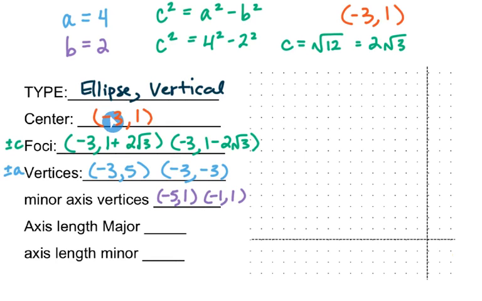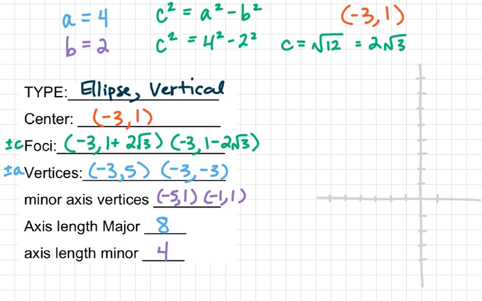So I took that -3 and I added and subtracted 2 to it to get these two new ordered pairs. The axis length of the major axis, that's going to be 2a, or 2 times 4, which is 8. And the length of my minor axis is going to be 2 times b, or 2 times 2, which is 4.